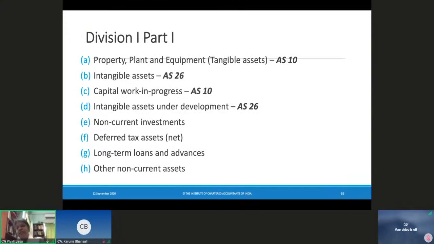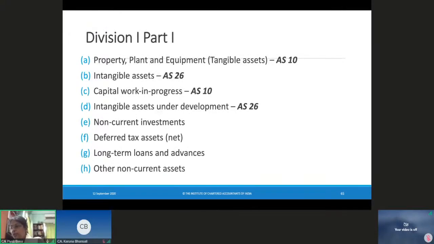We saw the liabilities, keep in mind, long-term loans and advances and other non-current assets. And it is guided by the various accounting standards for non-Ind AS cases.